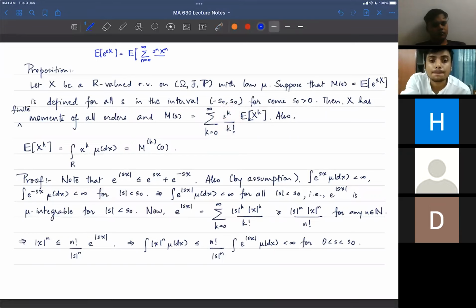And basically what they're saying is that if M(s) is finite in some interval (-s0, s0), then you can interchange this summation and expectation. So the claim is that X has finite moments of all orders, and M of s is the sum for k going from 0 to infinity of s to the k over k factorial, E of X to the k. And further, expectation X to the k is the integral over R of x to the k d mu(x), which is M^(k) of 0. Any questions with what we're saying?